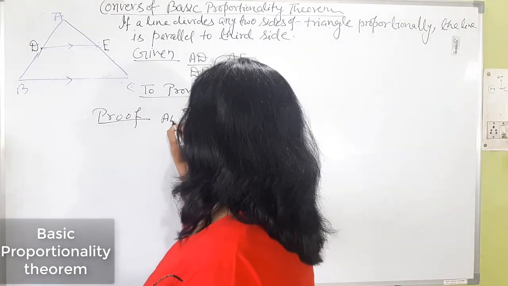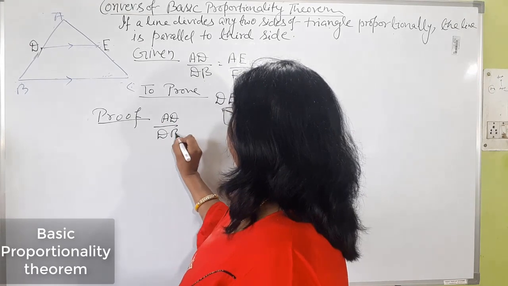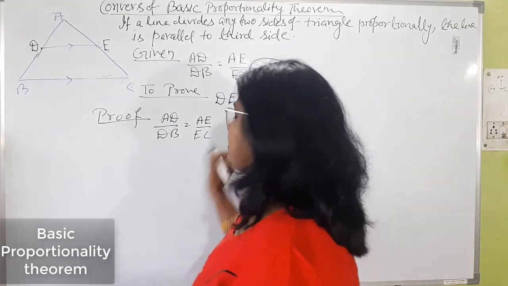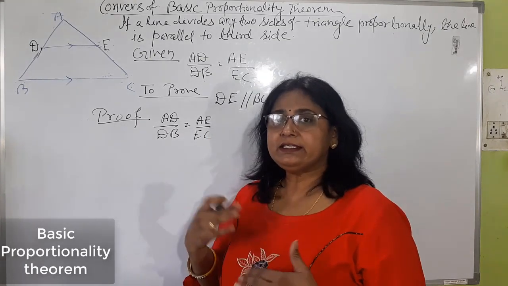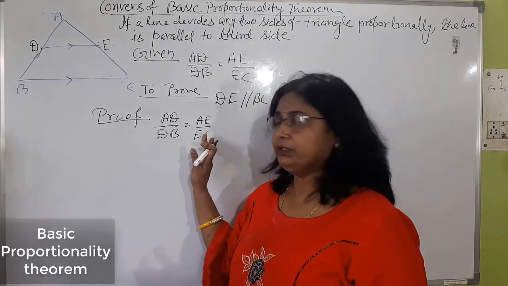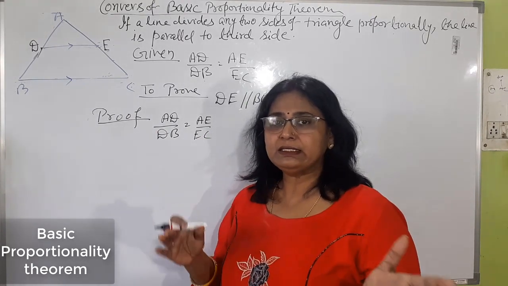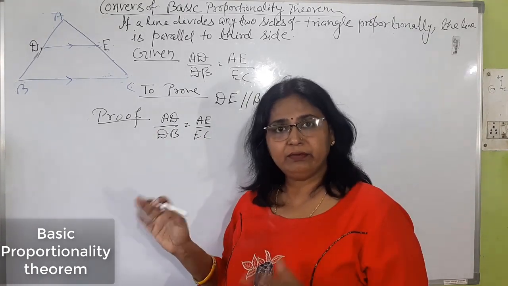Given AD by DB is equal to AE by EC. Taking reciprocal of both sides, any operation we can do: plus, minus, multiplication, division.